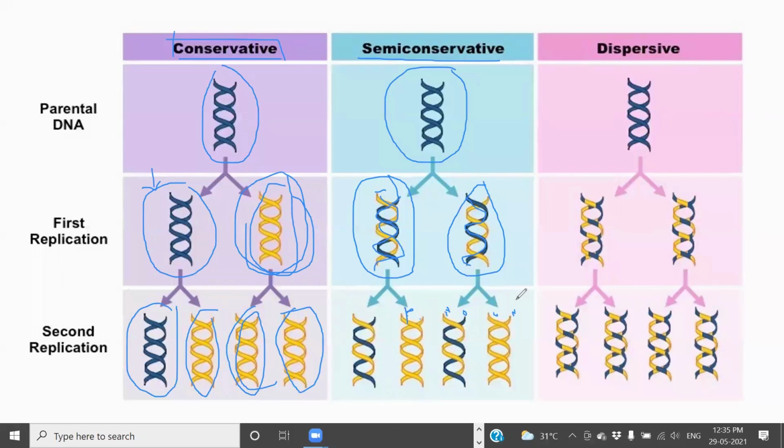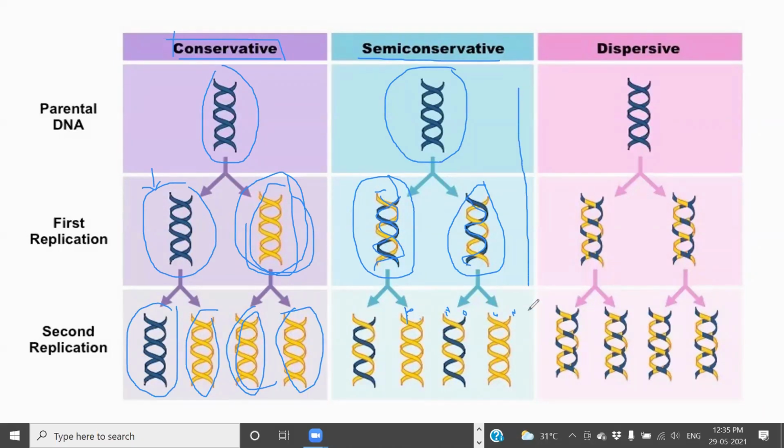It is unlike the conservative mode of replication, where the parental double helical DNA remains as it is and both strands of the daughter DNA are synthesized newly. But here that is not the case. One strand is old, that is the parental strand, while the other strand is the daughter strand, which is newly synthesized.